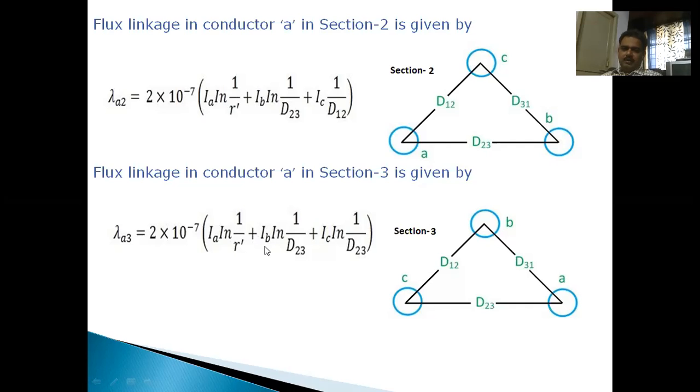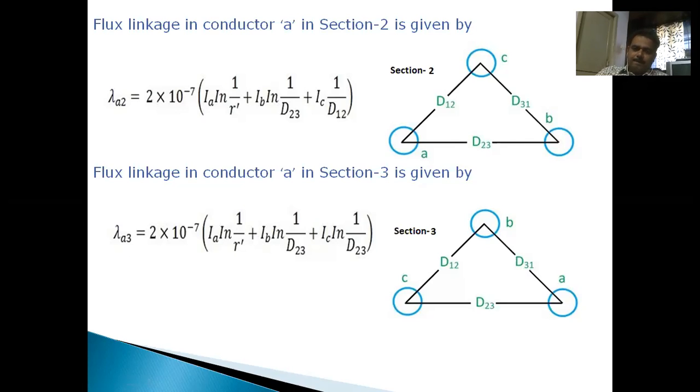The conductor I am calculating, due to conductor B, this must be D31. So kindly note this one, one more mistake. Because here the distance is D31, kindly note this as D31.